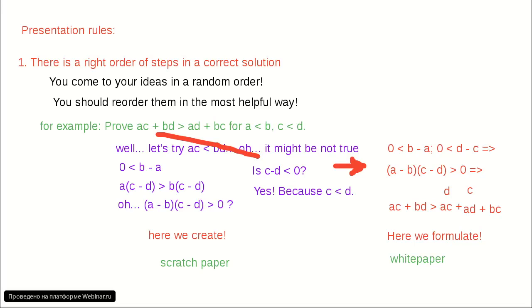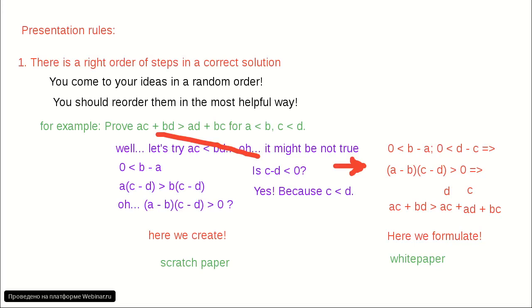So oftentimes inequalities are done in an opposite order. So you might write down a solution that this inequality would be true if, and after that you can write down this inequality and say if this difference is greater than 0, this difference is greater than 0 exactly in those cases and when this product is greater than 0, because these are two equal numbers in different forms, and this product is greater than 0 because it is a product of two negative numbers.